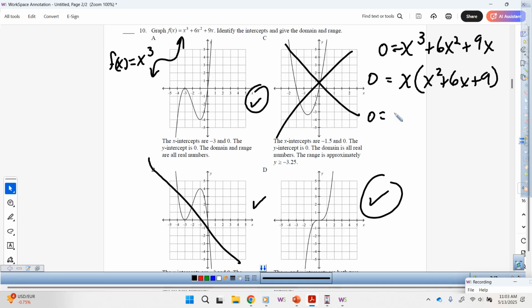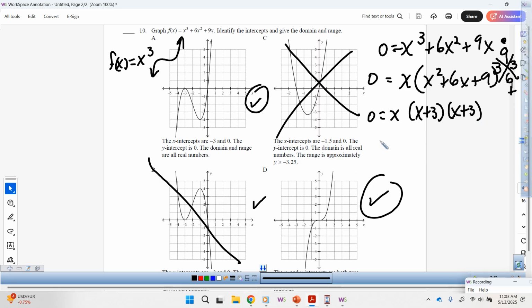Next, 0 equals x, but this one right here we need to break up. How? 9 and 6. What factors of 9 add up to 6? What two factors of 9, that multiply to give us 9, add to give us 6? Everyone. Yeah, 3 and 3. So my factors are x plus 3, x plus 3.